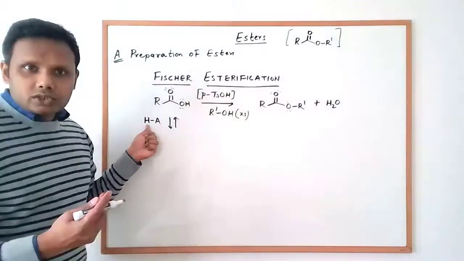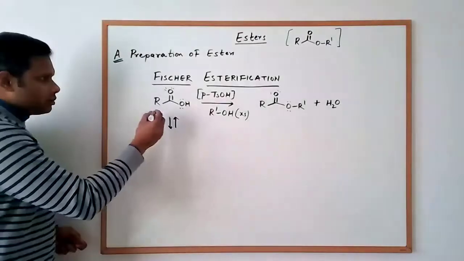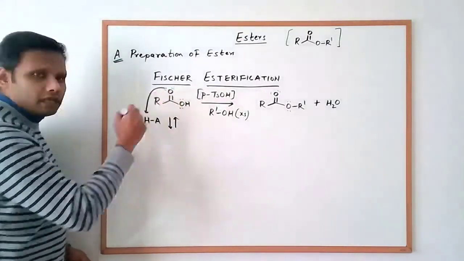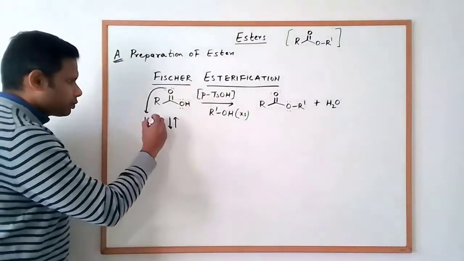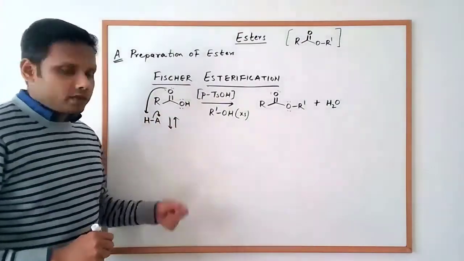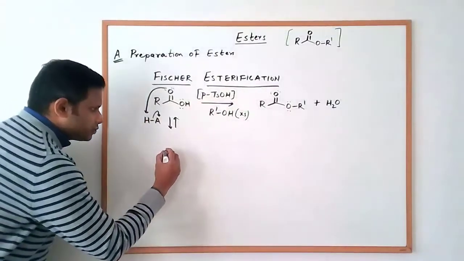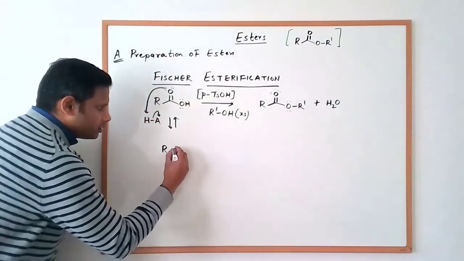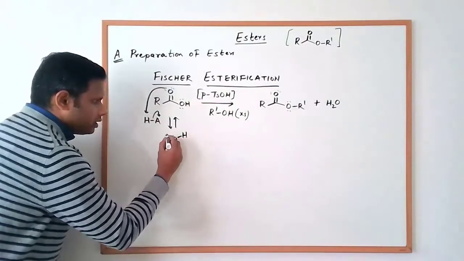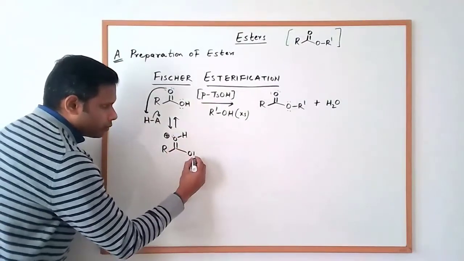That's the H, the proton in the acid. So the mechanism starts by an initial protonation. The acyl oxygen gets protonated using the acid that's in your reaction mixture, and this would give us the protonated carboxylic acid. So the carboxylic acid is now protonated.